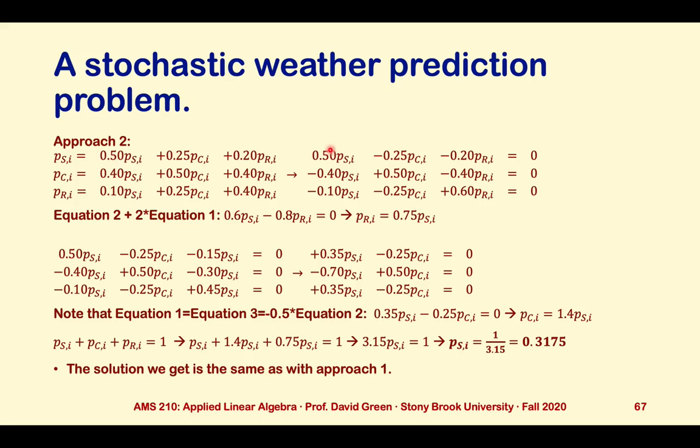1 minus 0.5 is 0.5, minus 0.25, minus 0.2 for these three terms.